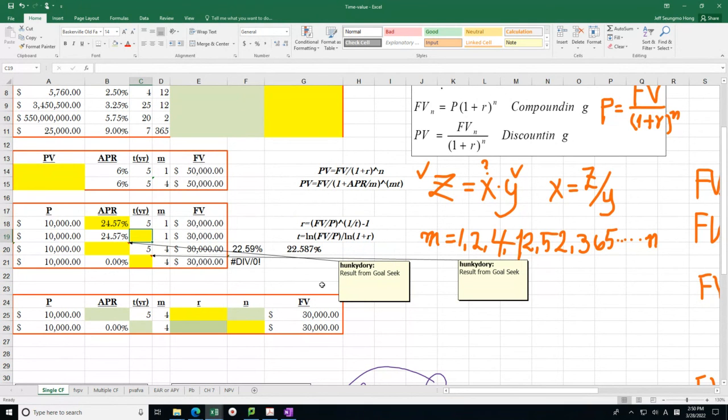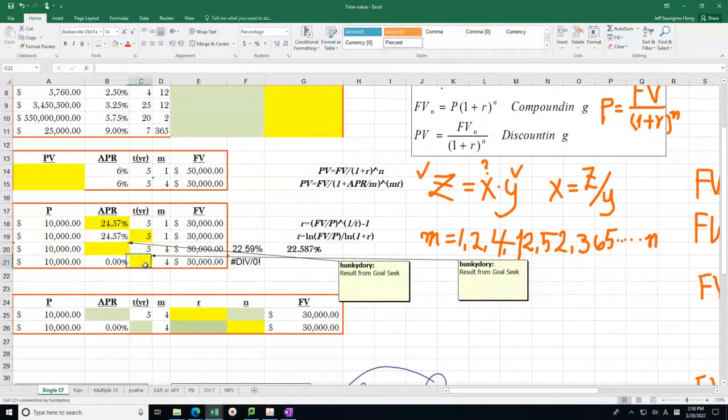Using natural log of Fv over P divided by natural log of 1 plus B18, B19, right? There you go. It will give you 5 years exactly.